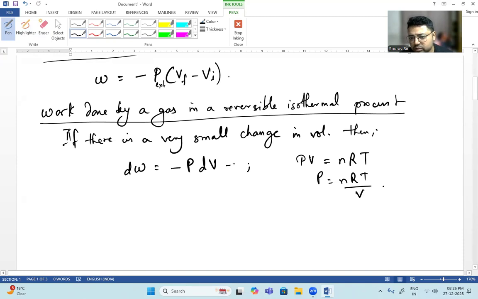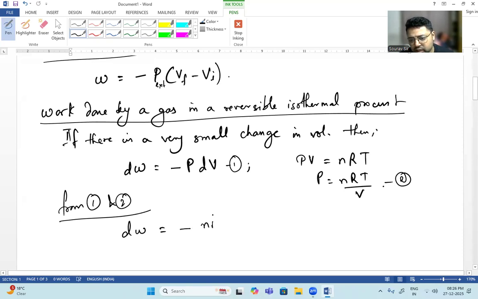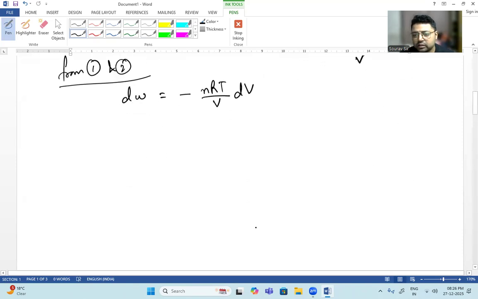So this is equation 1 and this is equation 2. From equation 1 and equation 2, we will write that dW equals negative nRT over V dV.